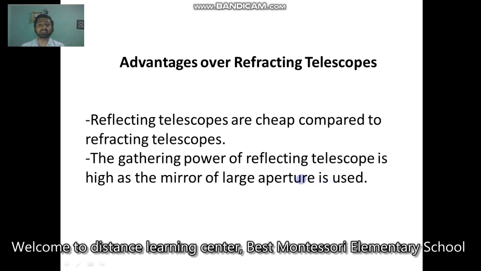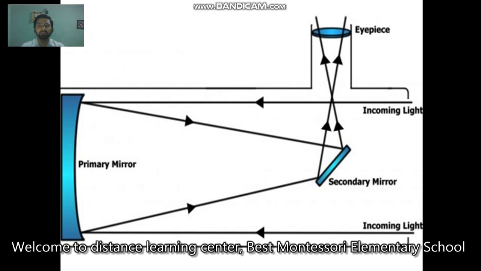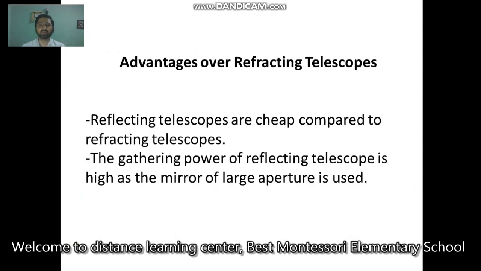It has a large aperture, so the gathering power is high. The greater the gathering power, the clearer the image. The mirror used in a reflecting telescope has a high aperture, that is, high gathering power for light rays coming from infinity. That means we will have a very clear image, and that is why reflecting telescopes are used.